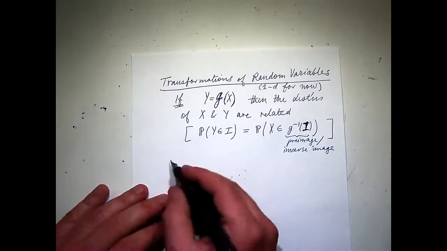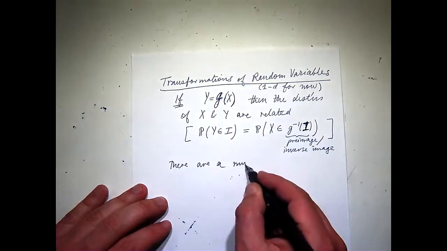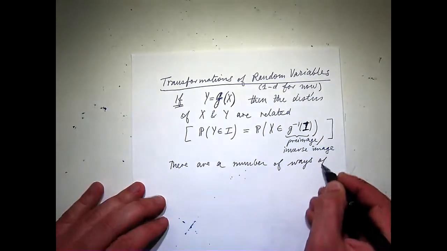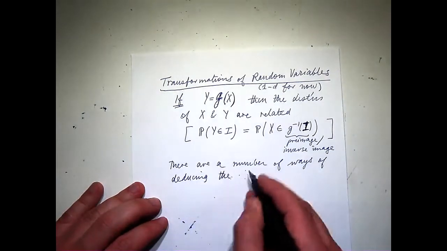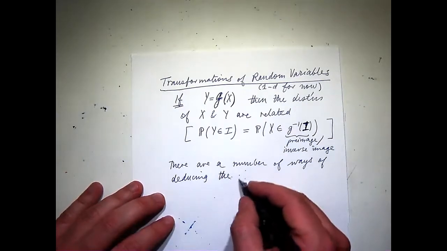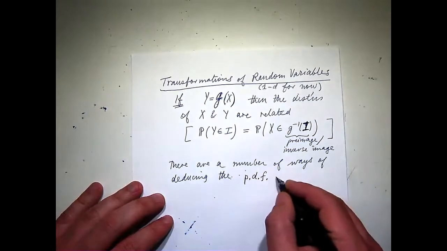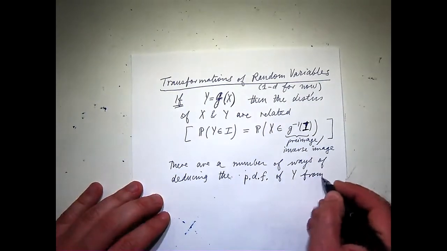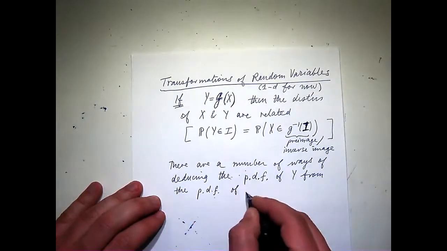So there are a number of ways of deducing the PDF of y from the PDF of x, if they exist.